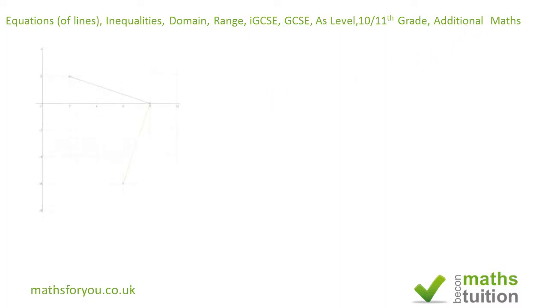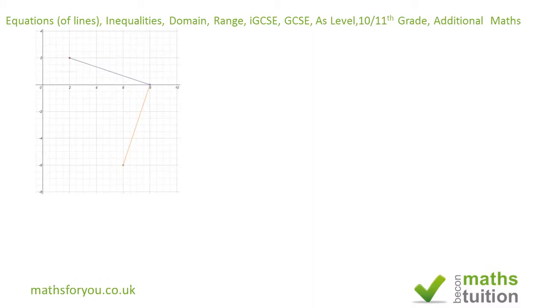Now, this is a diagram given to us here. For iGCSE, GCSE, and for 10th grade mathematics, you may or may not have this grid here. Or you may be given just the coordinates of the points there, and the point there.